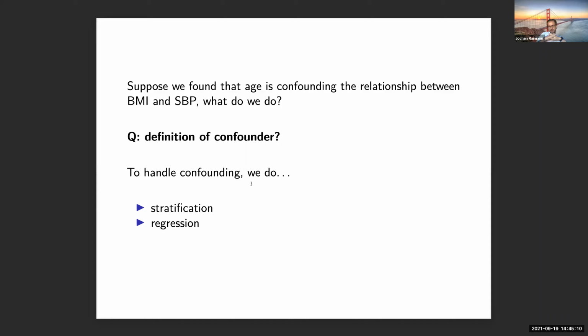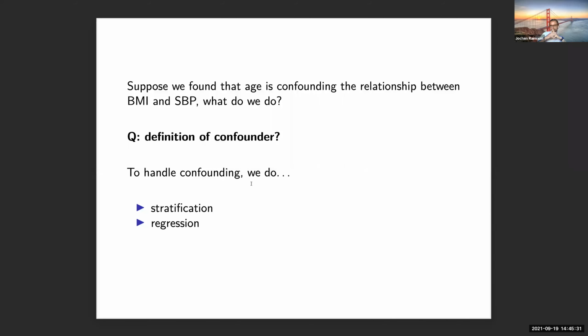So we had the conversation about age in the causal pathway between serum glucose and systolic blood pressure. And now we're spinning that a little further. So essentially we now have the association between BMI and systolic blood pressure, with BMI being the exposure and systolic blood pressure being the outcome.